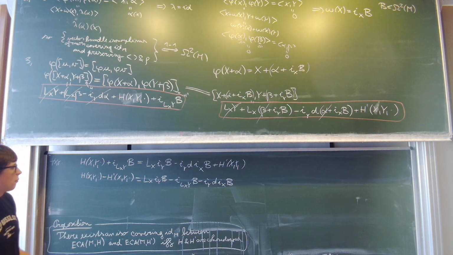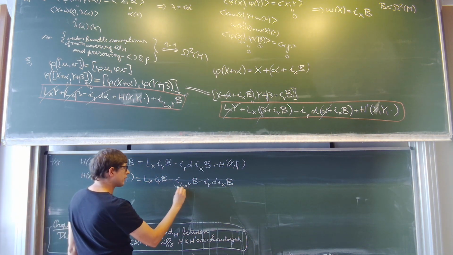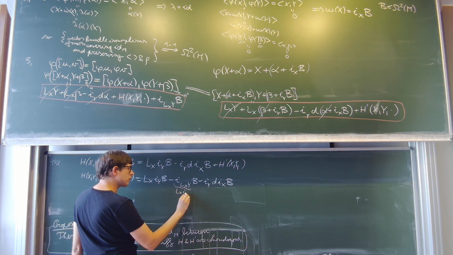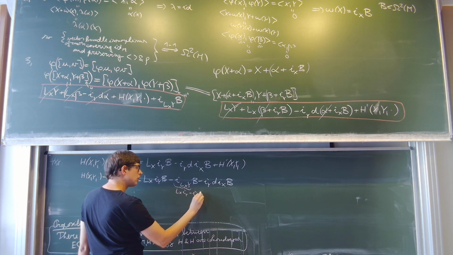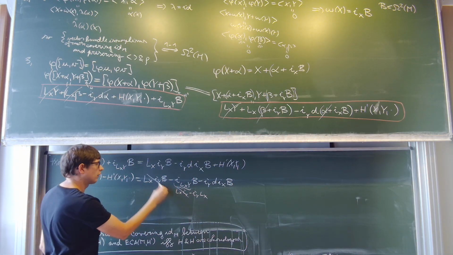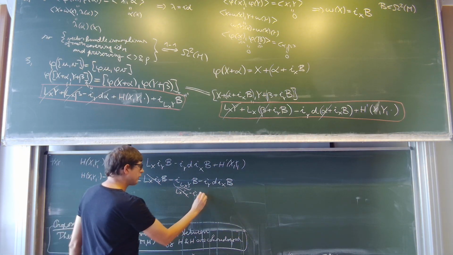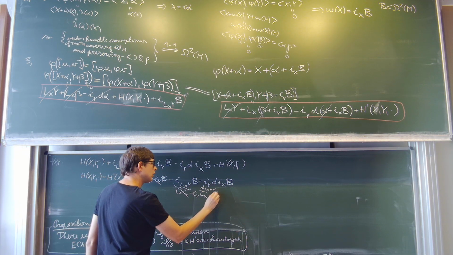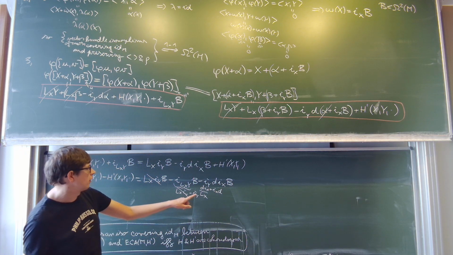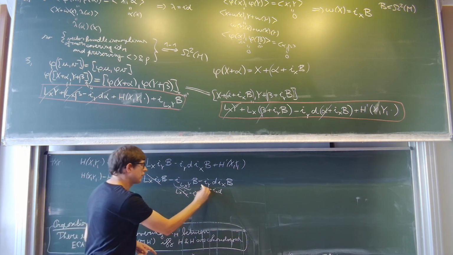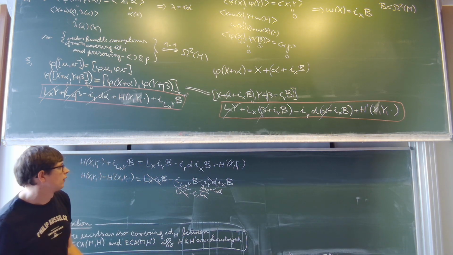Okay, so I can take b out, or even better, I can just say, look, this is the commutator of Lie derivative and contraction. So it's this one minus the other way. This cancels this. And if I write the Lie derivative using Cartan's magic formula, then this one cancels this one.